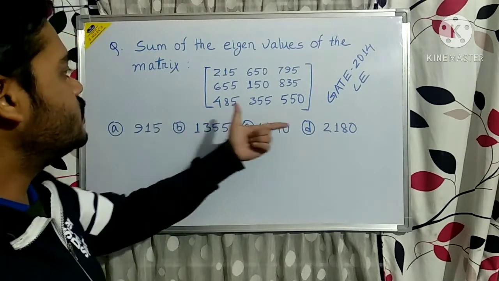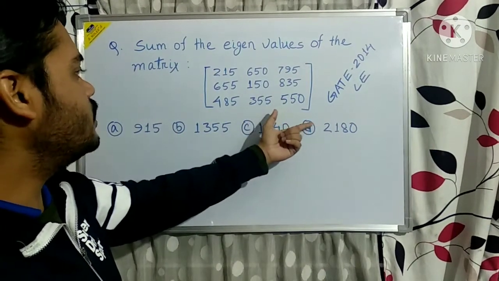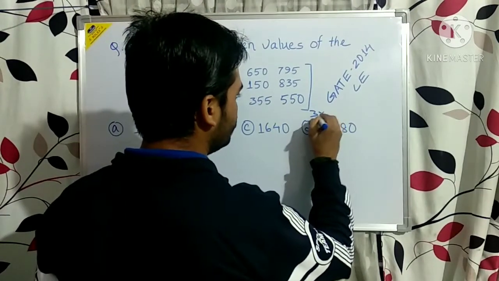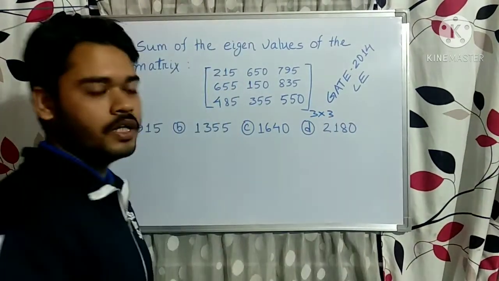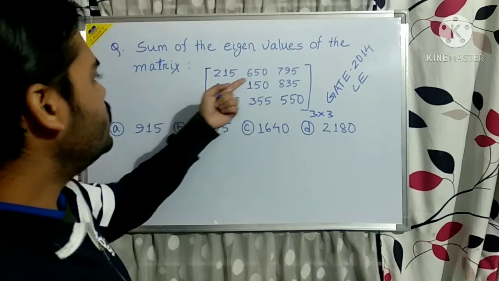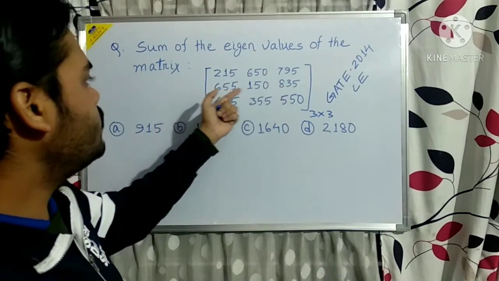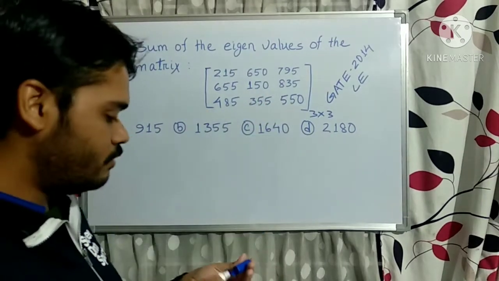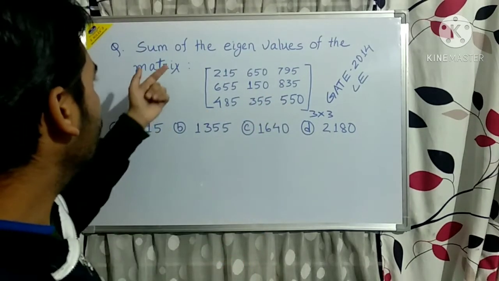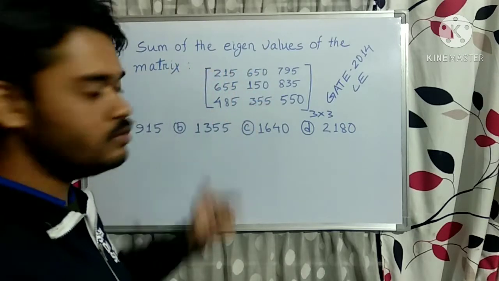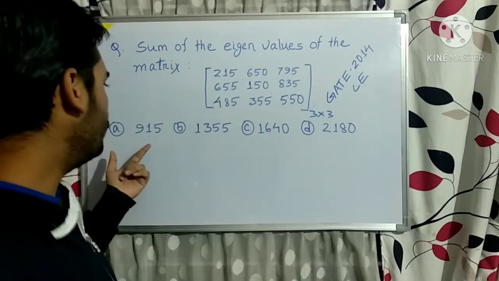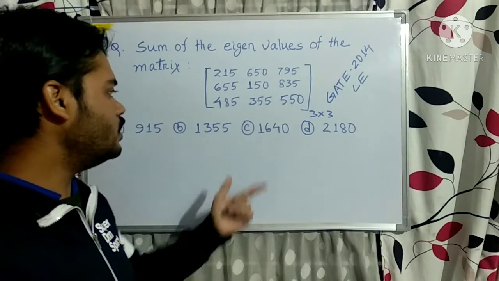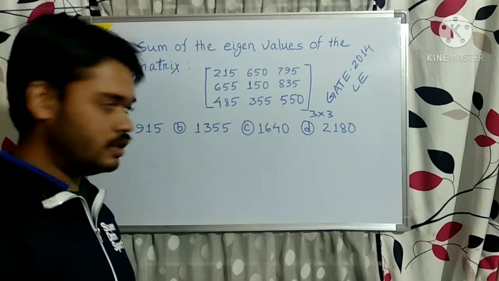This is a 3 by 3 matrix, and the matrix given is 215, 650, 795, 655, 150, 835, 485, 355 and 550. We are asked to find the sum of the eigenvalues of the matrix. Option A 915, option B 1355, option C 1640 and option D 2180.